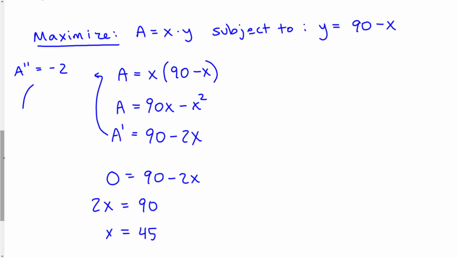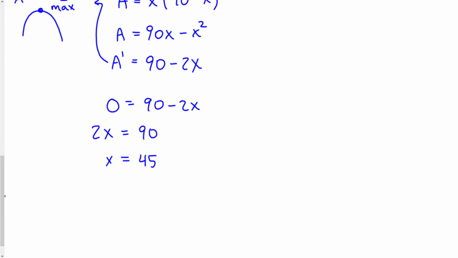And if you're concave down, anytime you would come across a critical value, that value would have to be a maximum. So that tells me that this point right here would maximize area. But it's not a point yet, it's just half of what I need, because I've got 2 dimensions to the garden that I need to create, and I have to calculate what the other dimension to the garden would be.